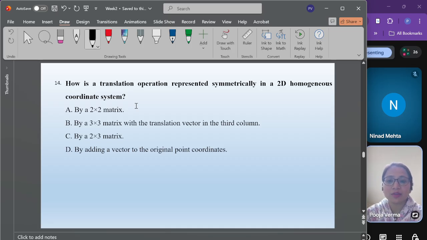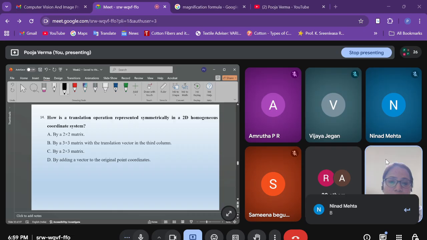Option B, by a 3 cross 3 matrix with a translation vector in the third column. Or option C, by a 2 cross 3 matrix. Or option D, by adding a vector to the original point coordinates. Okay, option B or D.